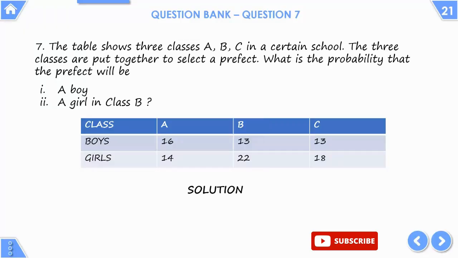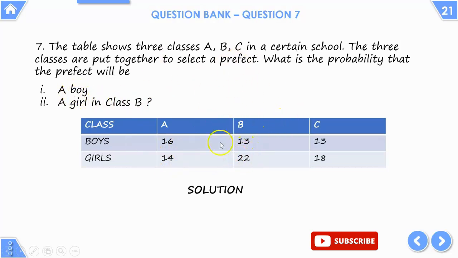Question 7. The table shows 3 classes A, B, C in a certain school. The 3 classes are put together to select a prefect. What is the probability that the prefect will be A, a boy, B, a girl in class B? So when you find tables like this, you need to be very careful. He's asking for a boy to be a prefect from the school.